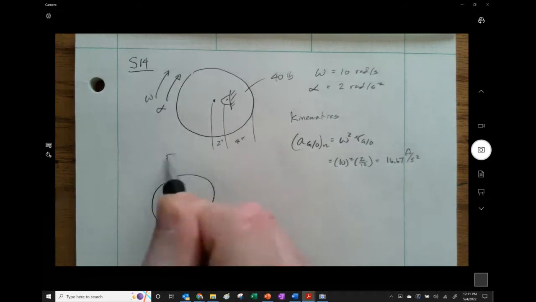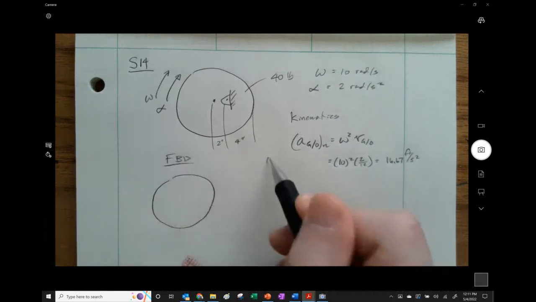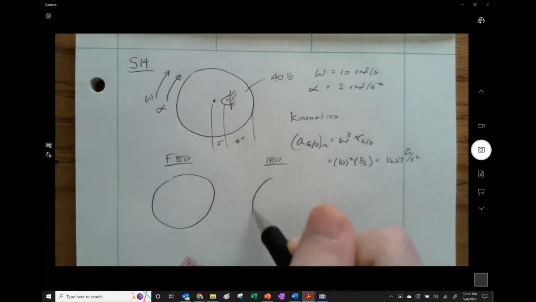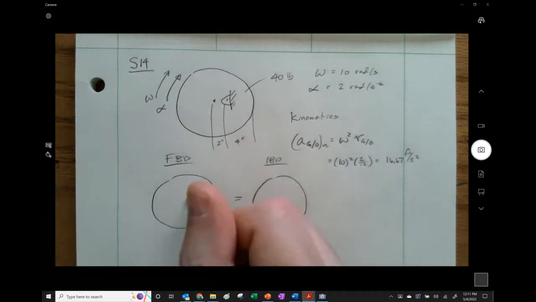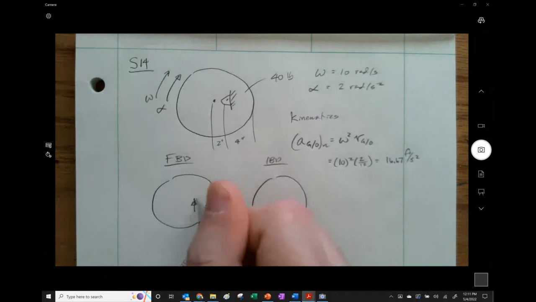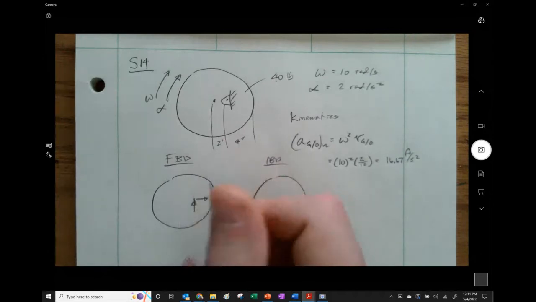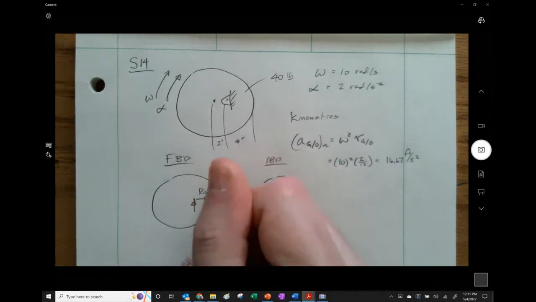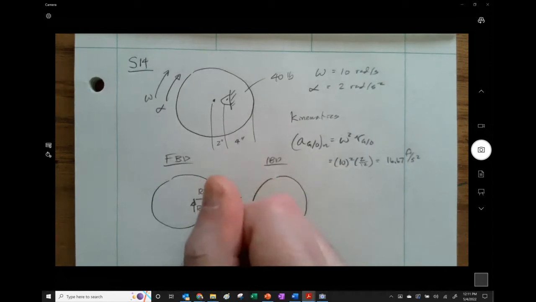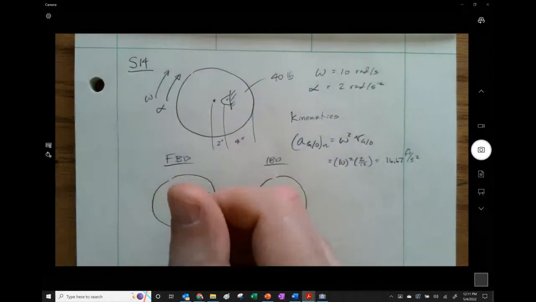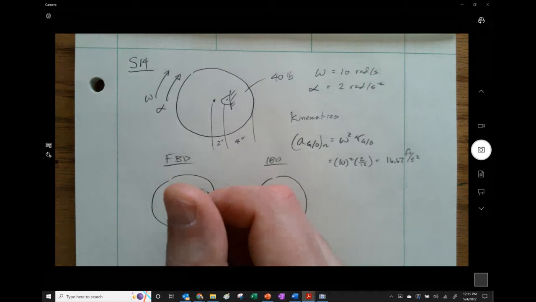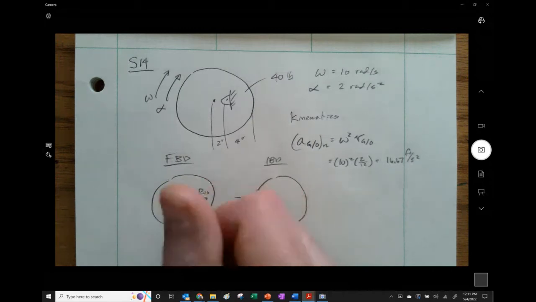So I'll draw my FBD, my IBD. And let's see, we're gonna have supports right here, and we've labeled that O. So this is Rox, and here's Roy, and we're gonna have our weight happening down right here. Interestingly, she writes it MO. That's a weird way to write the thing down.